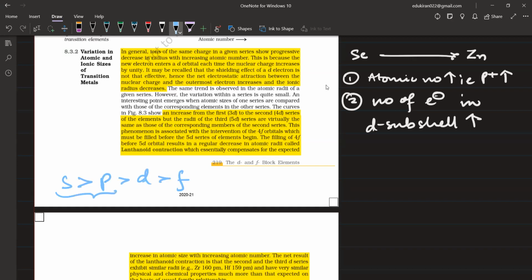These have good shielding effect and these have poor shielding effect. And please write, due to poor shielding effect or screening effect of d subshell, rather d electrons, लिख लीजिए.